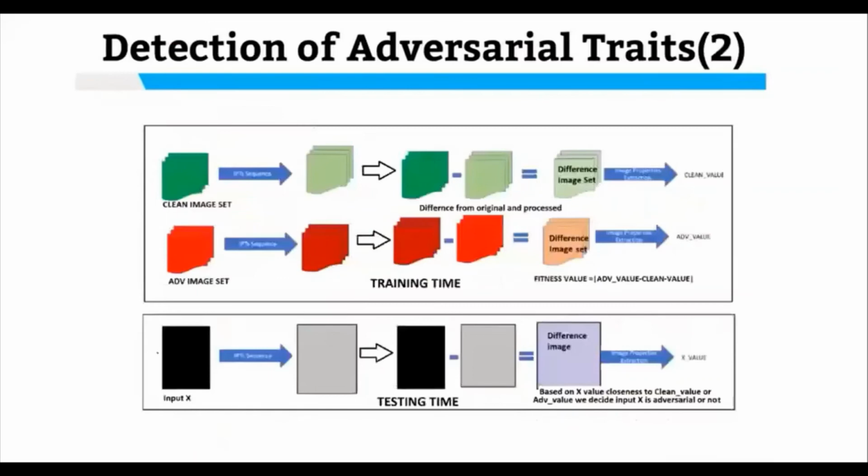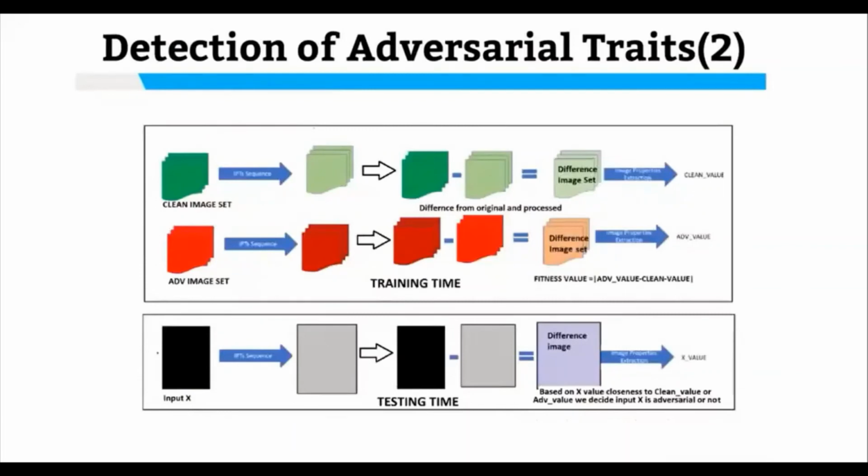What our model does is, we take the clean image set, run some of the filters, check the difference images, and take image properties such as the mean value of the histogram and the signal to noise ratio. For the adversarial image set, we also take those values, and we create a rule-based method: if the histogram mean and SNR value are at that level, the image is classified as adversarial.